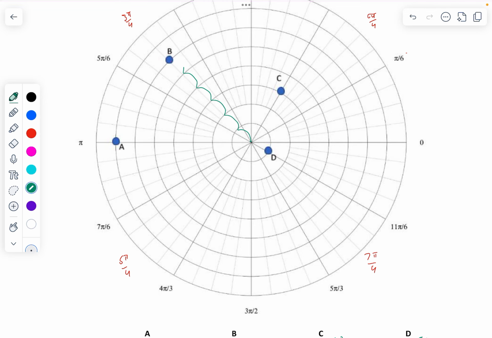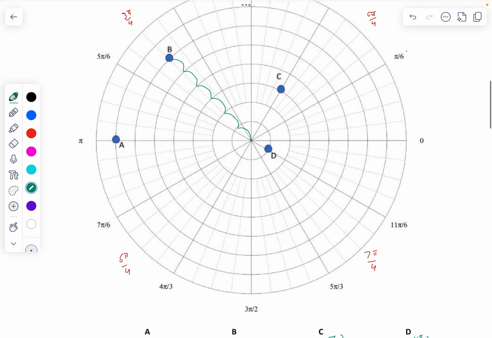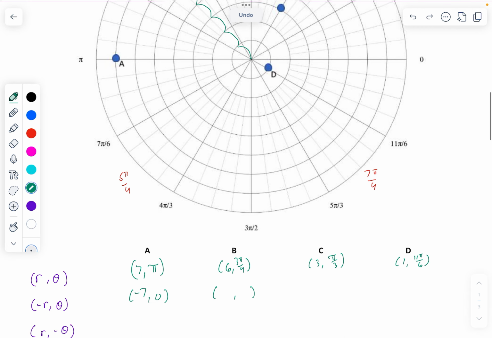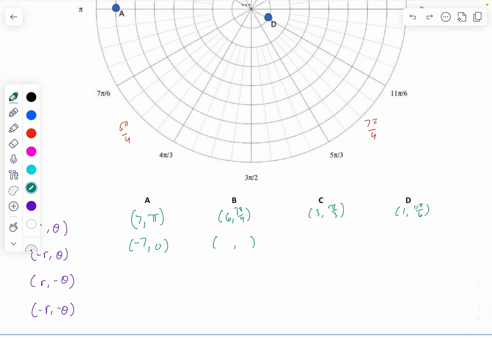So when I go over here, I'm moving towards 3 pi over 4, but I'm moving away from, what's the opposite angle of 3 pi over 4? 7 pi over 4. So I can say my angle is going to be 7 pi over 4, but I'm moving away from that angle, so R is negative 6.